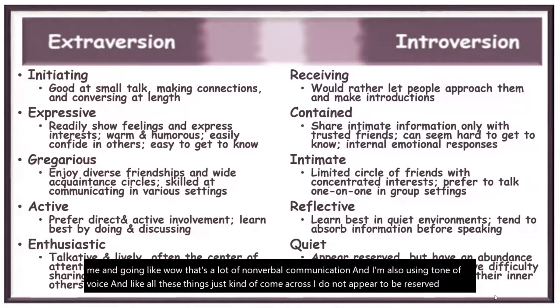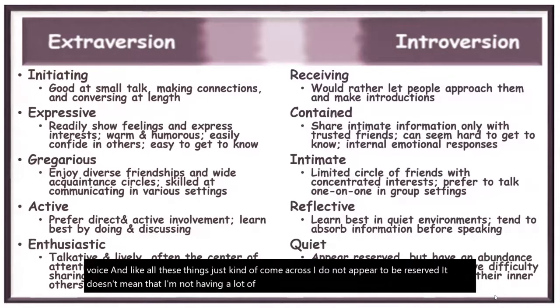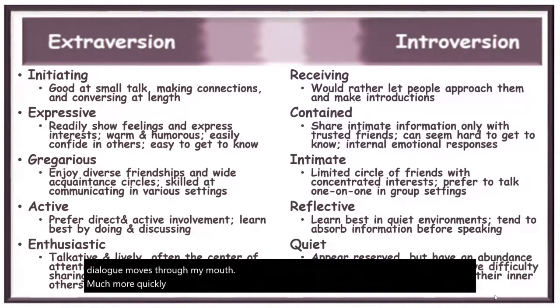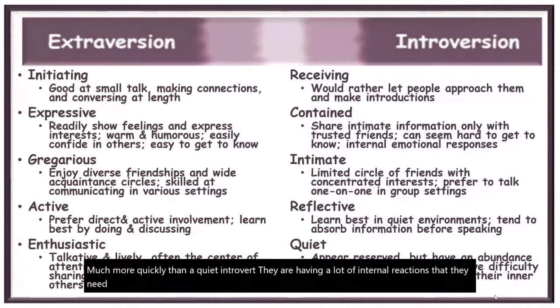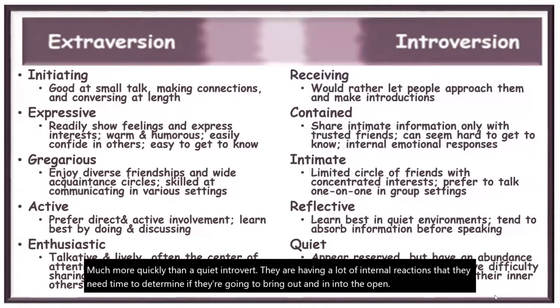It doesn't mean that I'm not having a lot of internal dialogue, but my internal dialogue moves through my mouth much more quickly than a quiet introvert. They are having a lot of internal reactions that they need time to determine if they're going to bring out and into the open.